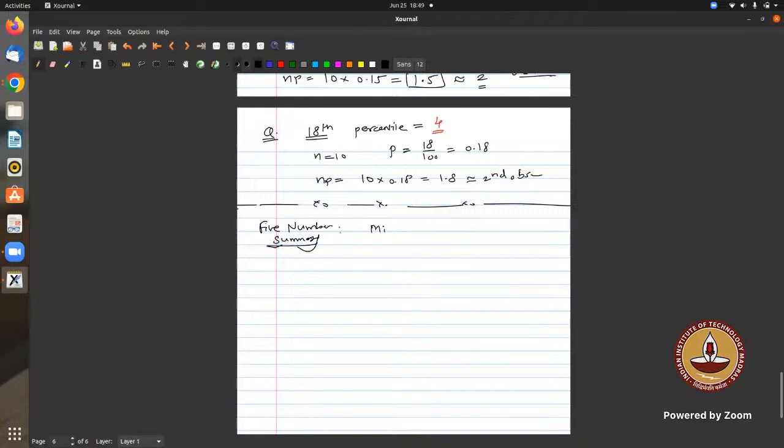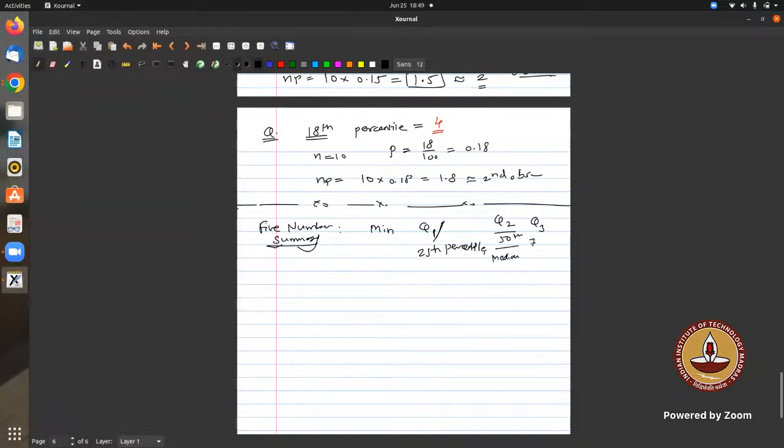So it is the minimum value, then Q1, which is also called the 25th percentile or first quartile, or lower quartile. Then Q2 is the 50th percentile, the second quartile, also the median.